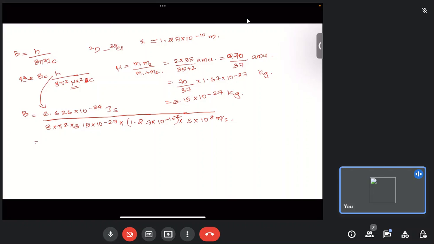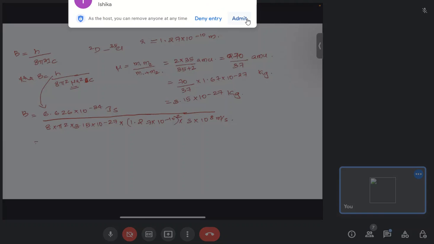By doing the calculation for this particular system, it is 6.626 divided by 8 into pi square into 1.27 square into 3.